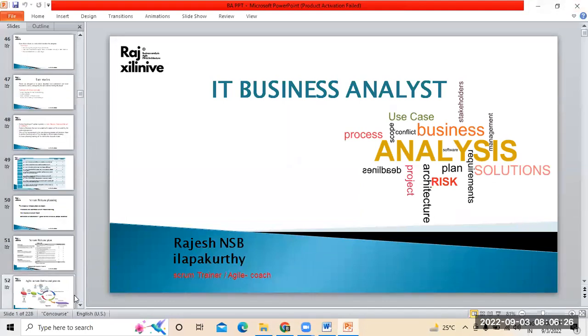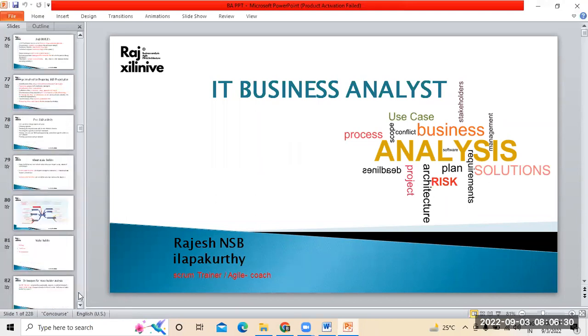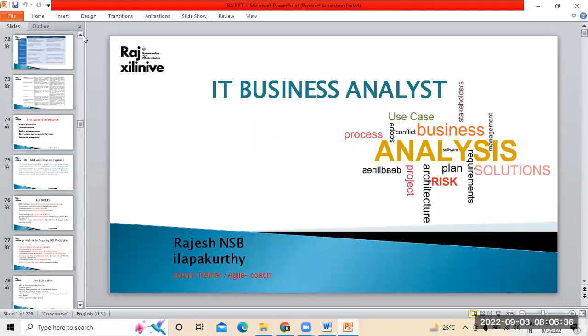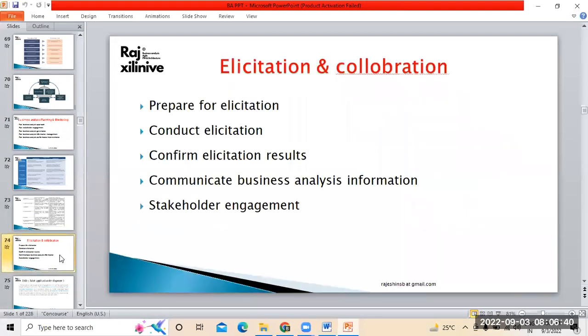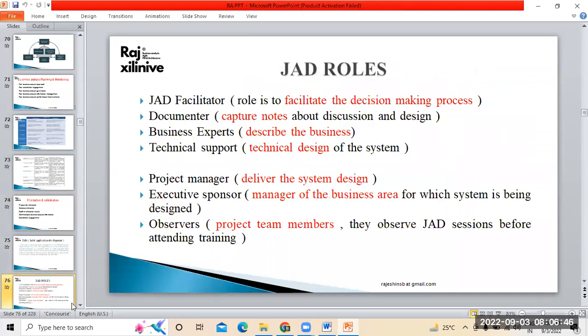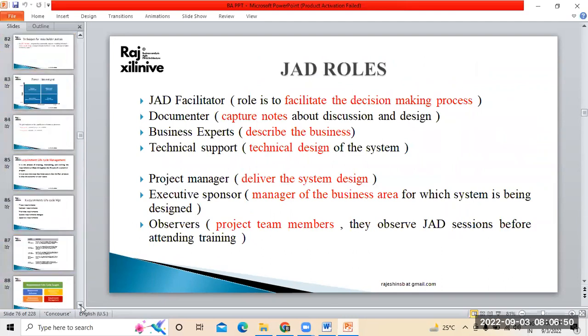But here, prior to this, what we need to do is requirement elicitation. When you talk about elicitation techniques, there are some sessions which we normally follow. So how are you going to elicit the requirements, and how are you going to manage them?